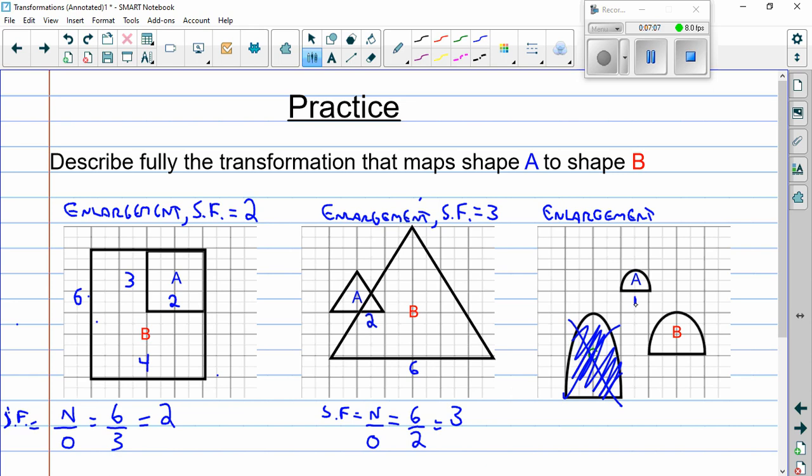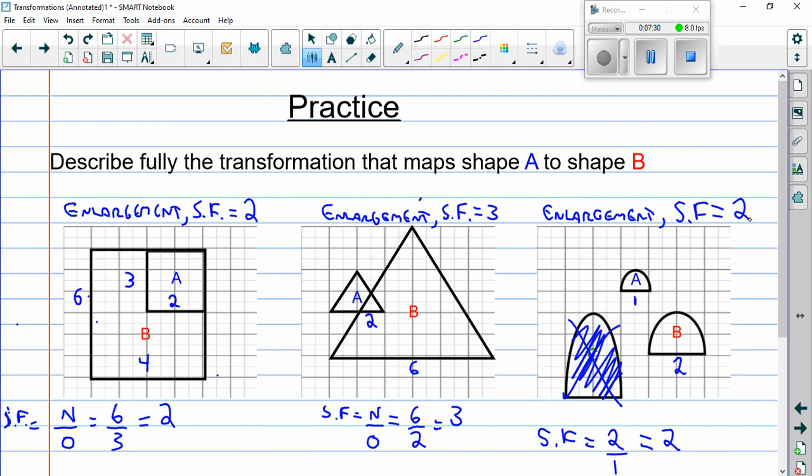Well, here our bottom's 1, here our base is 2. So we know that our scale factor is simply 2 divided by 1, which is 2. And you do not have to show your math there, but if you ever make a mistake, it can help retain some marks.